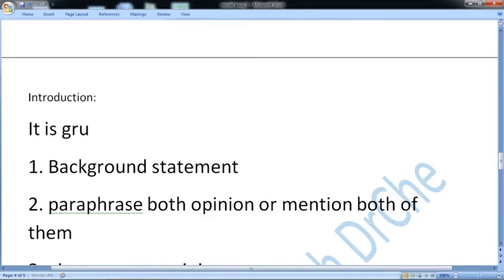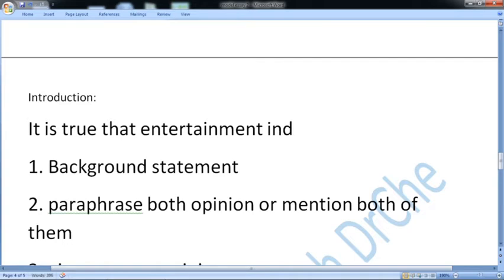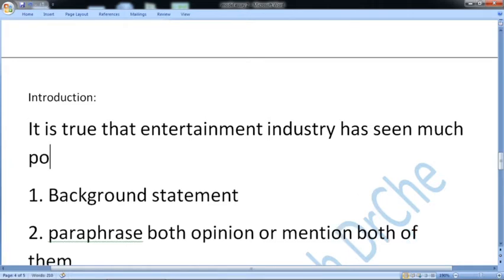Or it is true that the entertainment industry has seen much progress in recent years. Mostly the background statement will be a simple or better a compound sentence, not a very complicated or complex sentence.